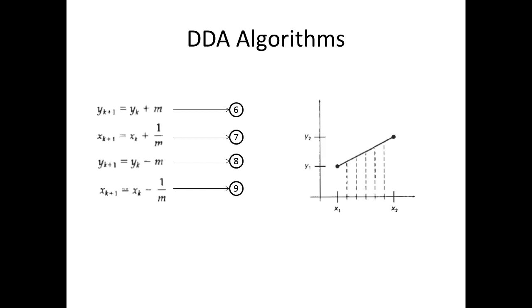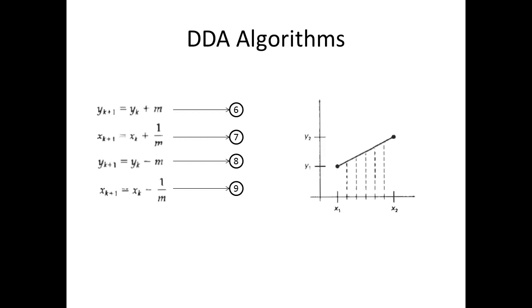That is, sample at unit y intervals, delta y = 1, and calculate each succeeding x value as x_(k+1) = x_k + 1/m.